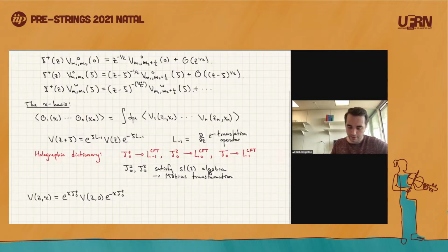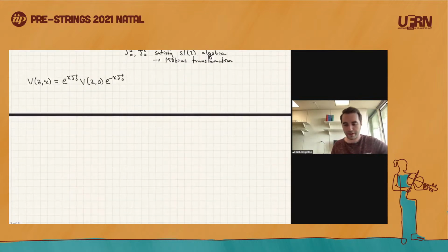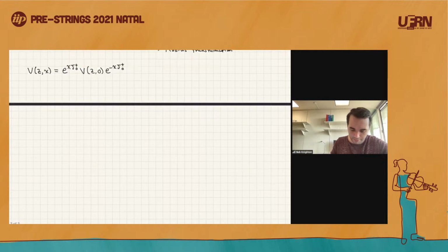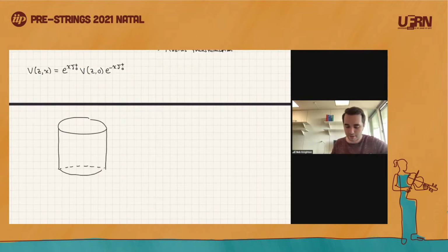And if you need an interpretation of such an operator, then consider the following cartoon. So we consider AdS as a cylinder, or you can consider it as a solid ball, but a cylinder is a little more common. And the boundary of AdS3 is where you want your dual CFT to live. And this essentially is conformally equivalent to the two-sphere.